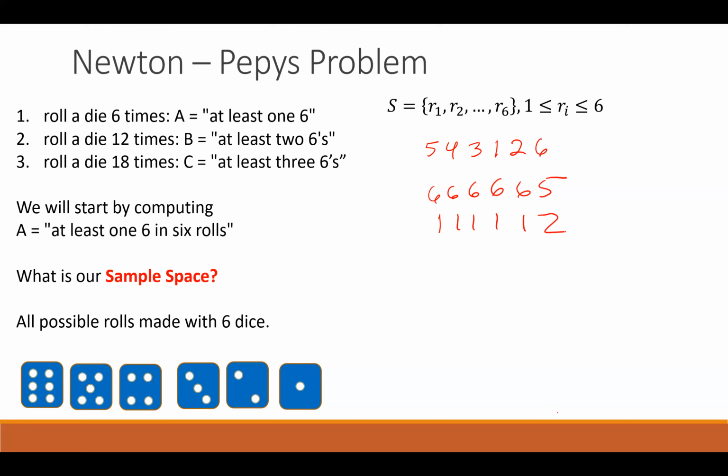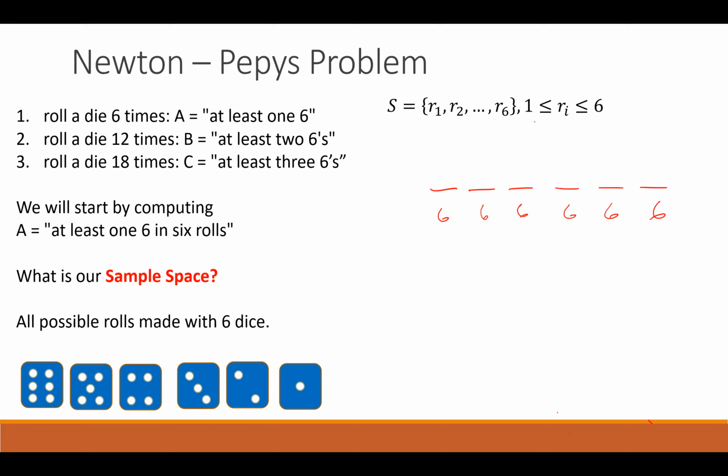Right? So we did this before with passwords, except instead of having 6 numbers to choose from, we chose from the letters of the alphabet. So we can count this exactly the same way. We can look at our 6 dice and say, well, I have 6 possible outcomes here, 6 here, 6 here, 6 here, 6 here, 6 there.